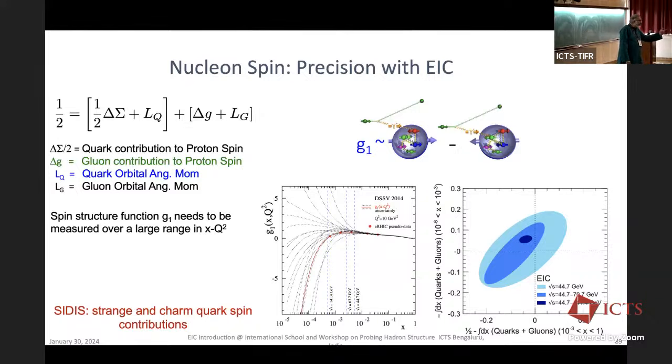And once you make that measurement, you will have a precise value of G1 and its slope by that time, because you will measure it at different Q squares, and then come to the same picture that I mentioned to you before, the gluon and quark contribution in the low and high X region. And you can see the higher we go in the center of mass energy, because that allows you to go to the lowest values of X, and the uncertainties, as you remember, the distributions were merging like that to low X. So the lower values of X you go, the smaller the uncertainty will be, and that is depicted in this plot.